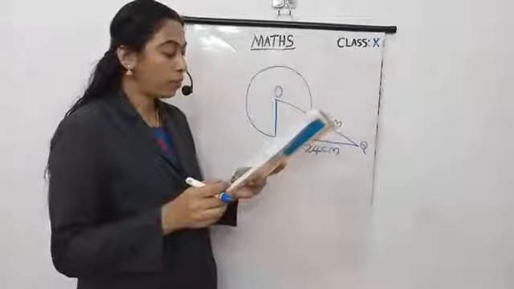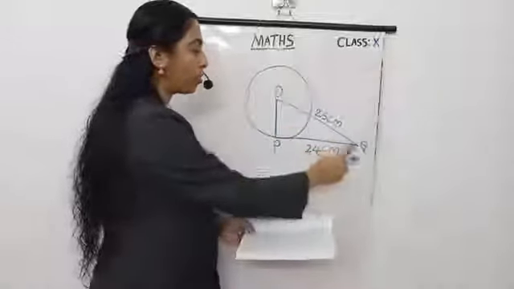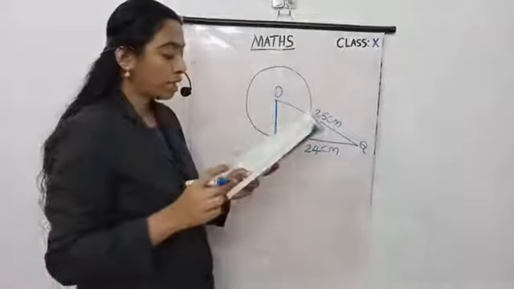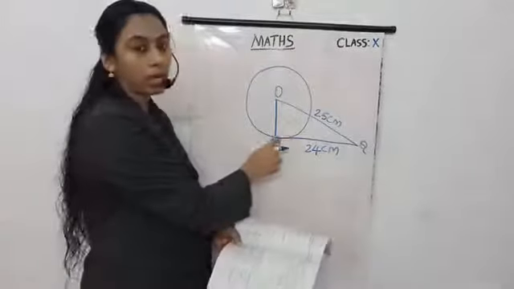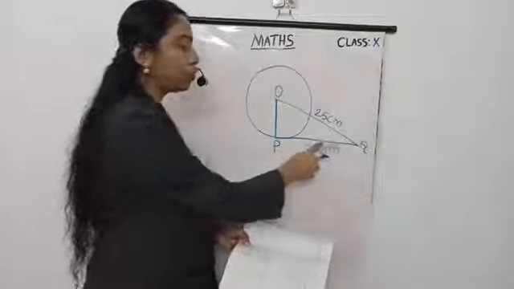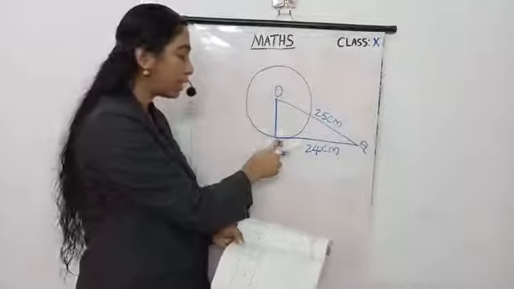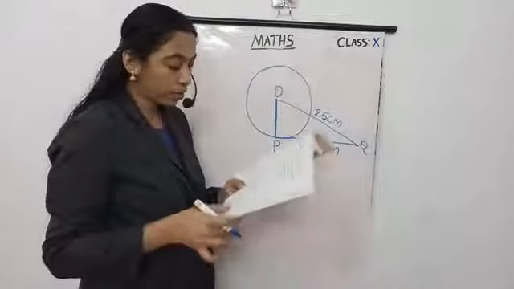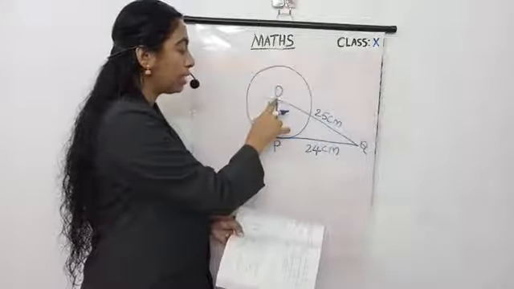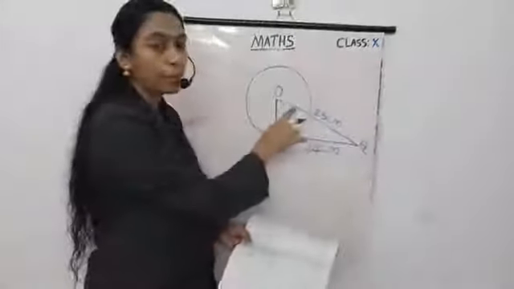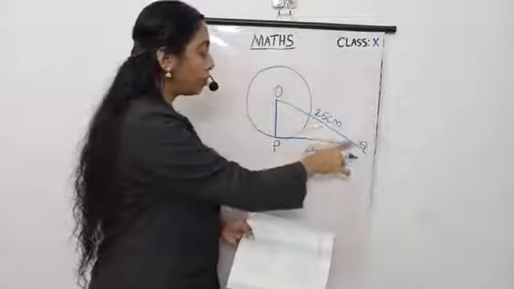So from a point Q, the length of the tangent to a circle is 24 cm. Understood? And the distance of Q from the center, that is this distance, is 25 cm.